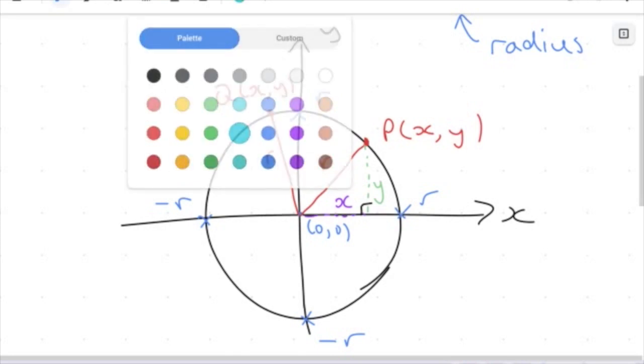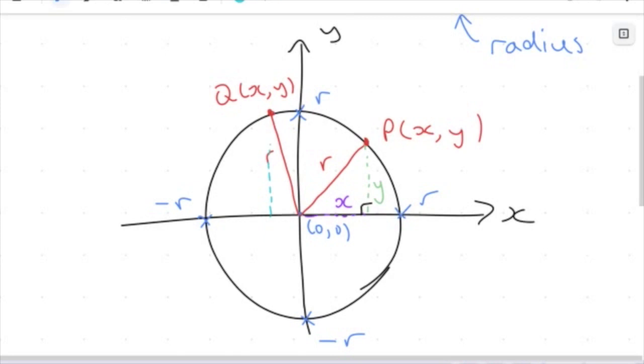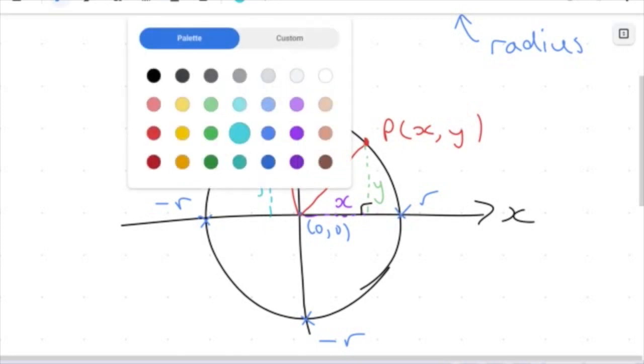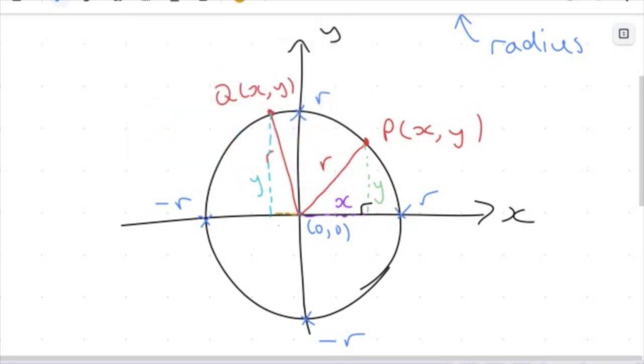I have a vertical component, Y, and a horizontal component of X. And I have another right angle triangle. Now, every single time I have the same radius.